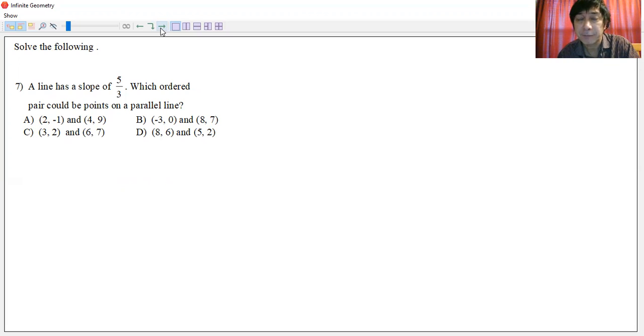A line can be drawn if there are 2 points. We can choose 2 points at a time and then compute for the slope. And whichever gives us 5/3, that's the answer.